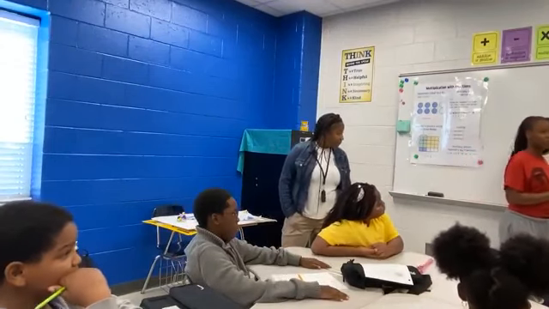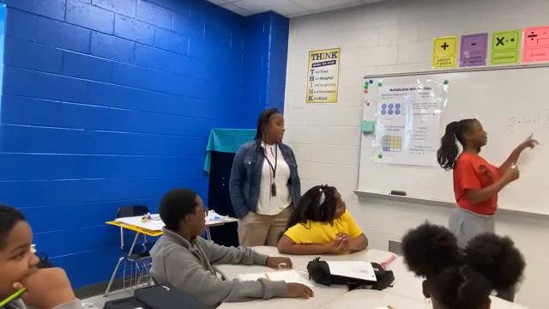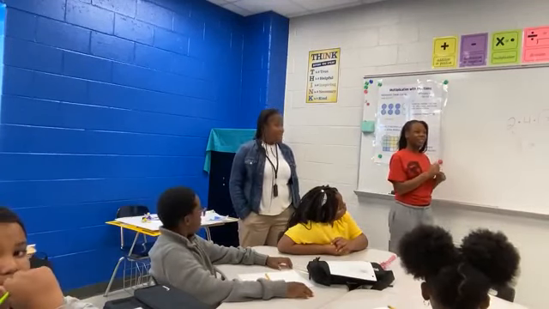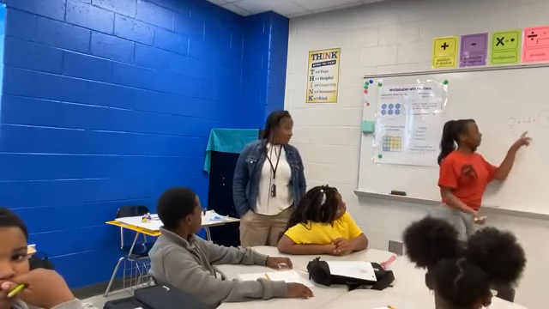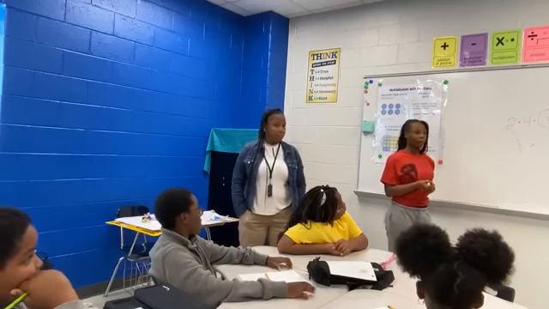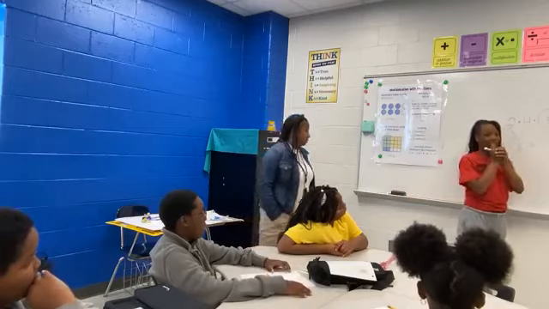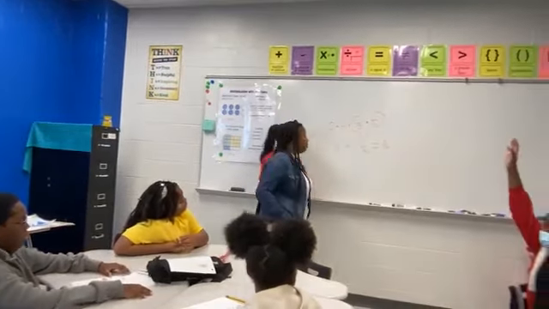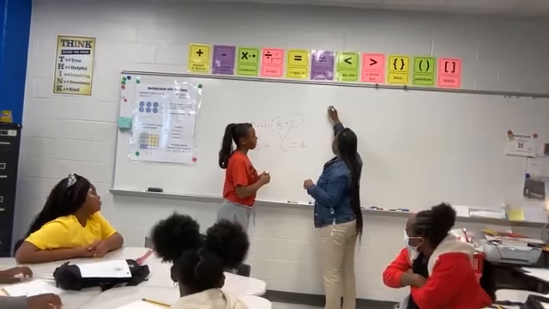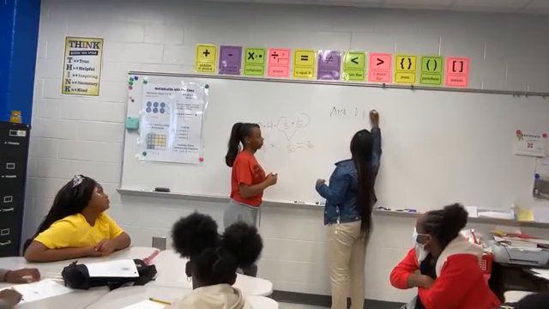Okay, so it has a length of 6 and a width of 5. Okay, you're talking about the area. So with area, what's the formula for area? Length times width.